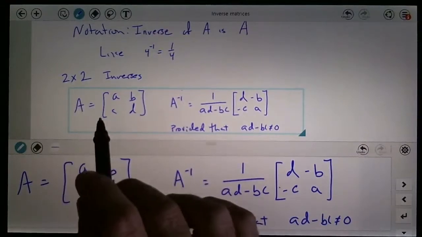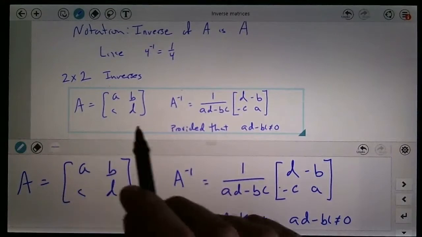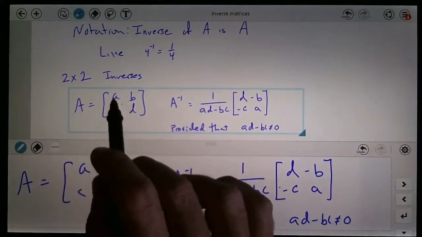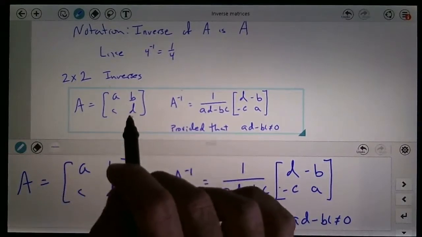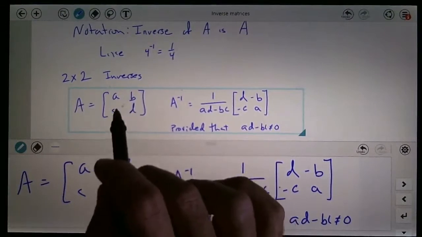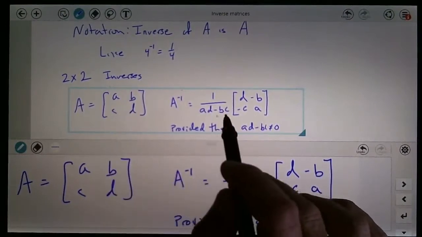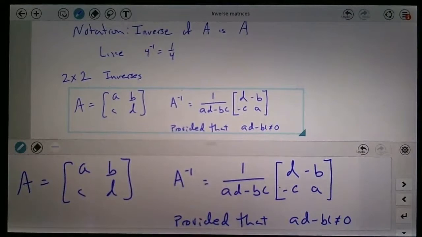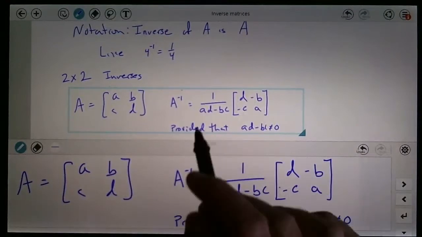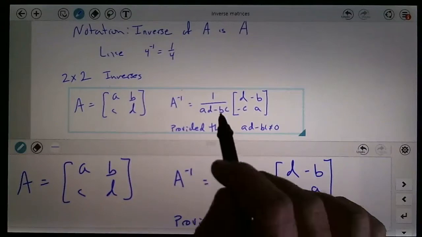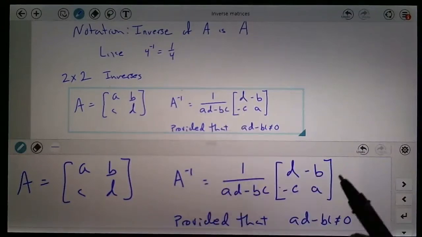For 2x2s, you can just multiply the numbers together on the diagonal, and then multiply them on the off diagonal, and subtract them. So AD minus BC. If that number is 0, then you can't do this calculation, and you don't get an inverse. If this is not 0, then you can do this calculation, and you do have an inverse.